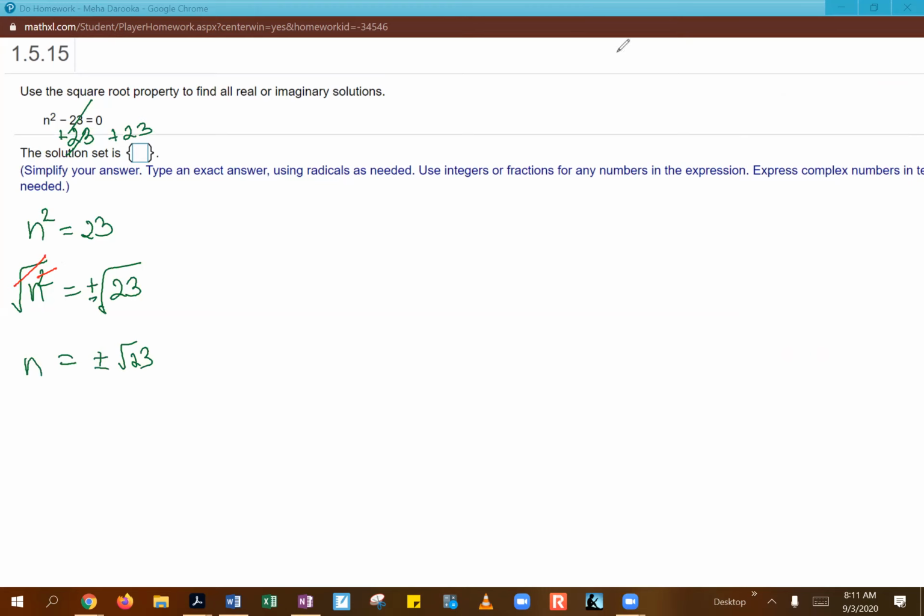Now, I did want to talk about why we have to use that plus or minus sign. Just think about the number 4. I can take 2 times 2, and my product will be 4. Or I can multiply negative 2 with negative 2, and my product still comes out to be positive 4. So technically, when we take the square root of 4, you can get an answer of positive 2 or negative 2.